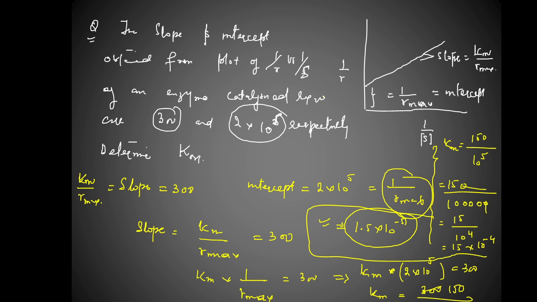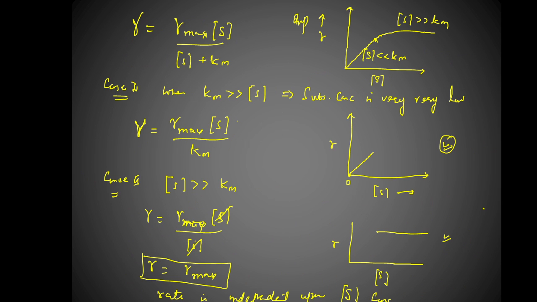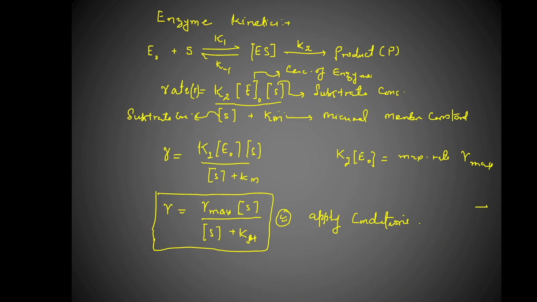Next, there is one more important thing in the equation. Let me take the first step again. Over here I have written K2 into E0 is equal to maximum rate. This is again very important.